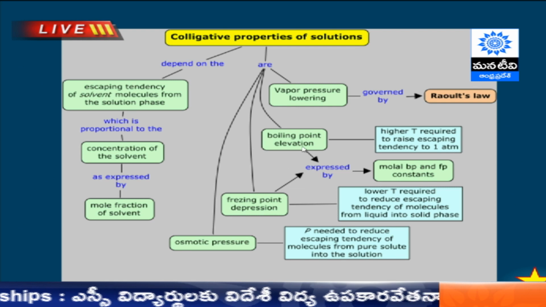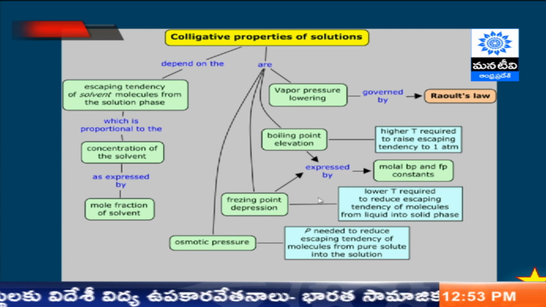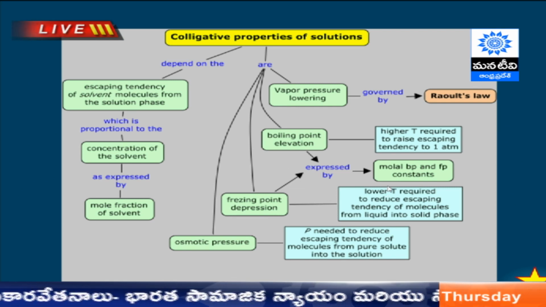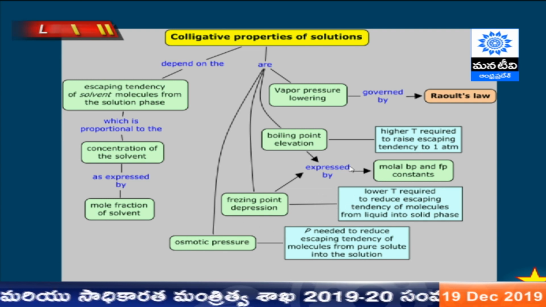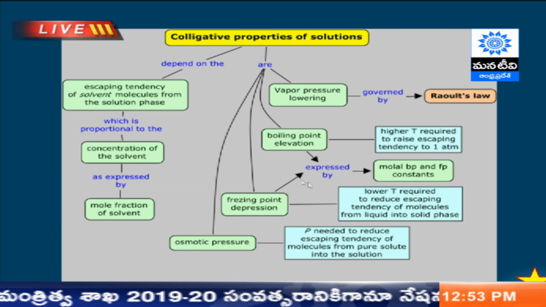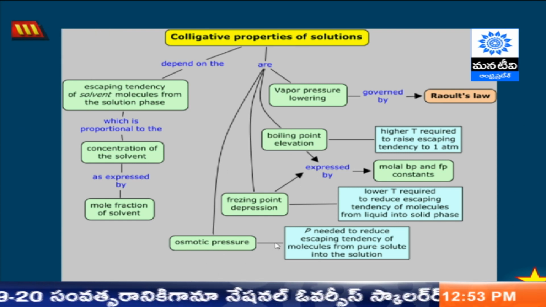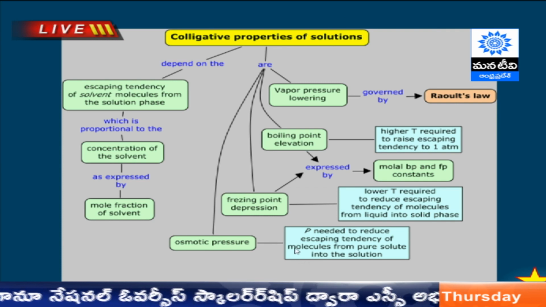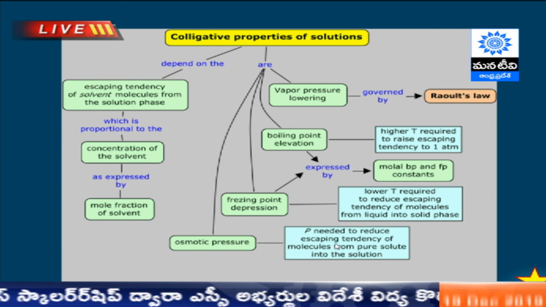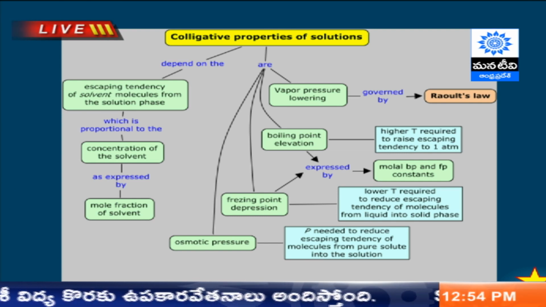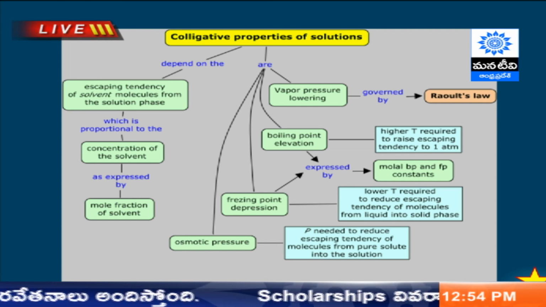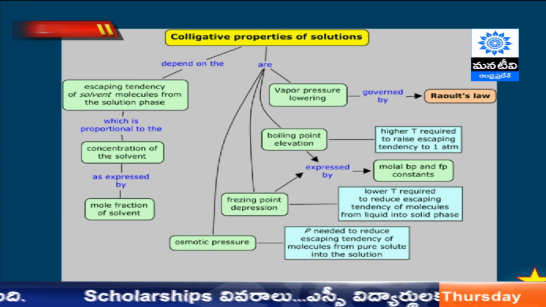The boiling point is expressed by the molar boiling point elevation, and freezing point I did not discuss today because it is not required in this class. Now, osmotic pressure has been dealt with: it is the pressure needed to reduce the escaping tendency of molecules from pure solvent into the solution. So, this is how you can deal with this topic.